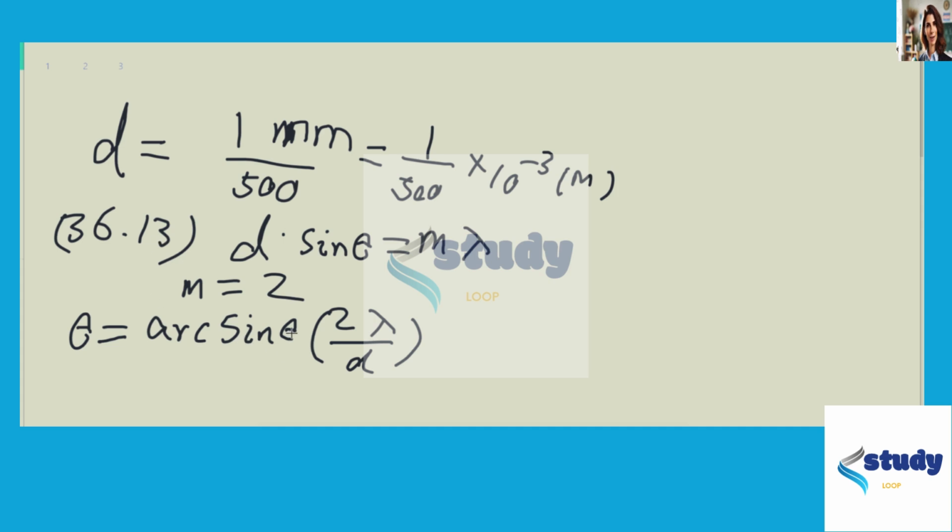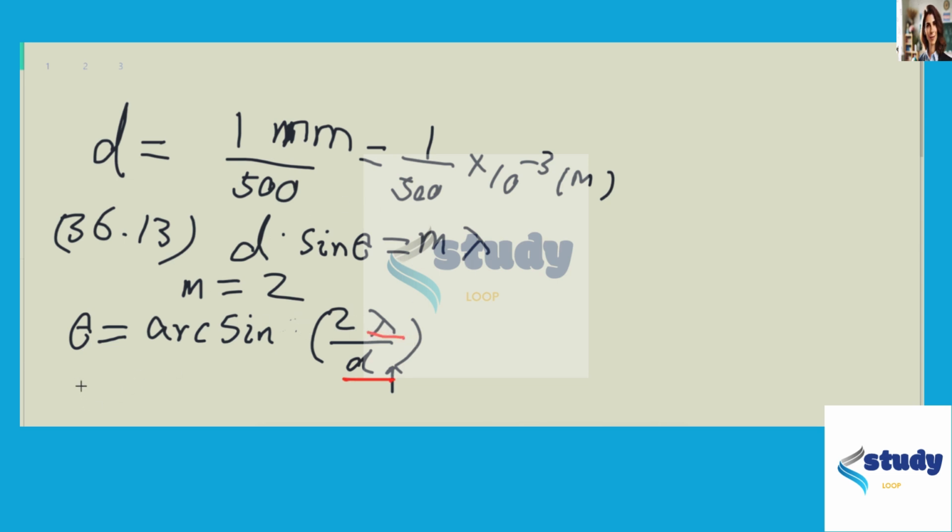We don't have theta here, so the next step is just to plug in the value of d and the two different lambdas.